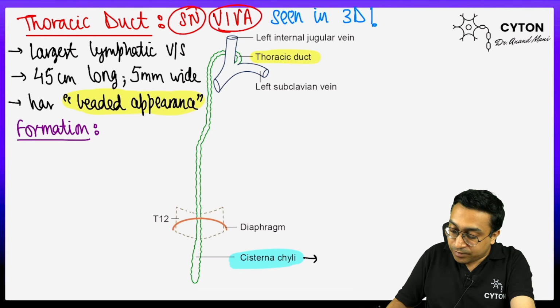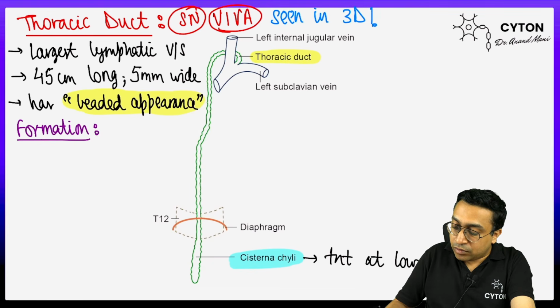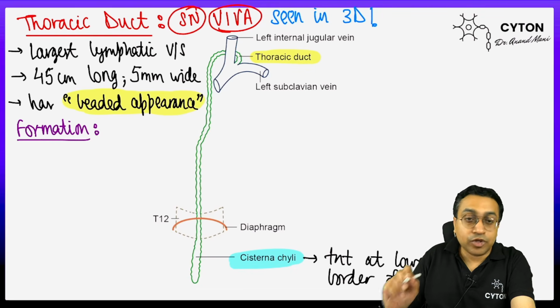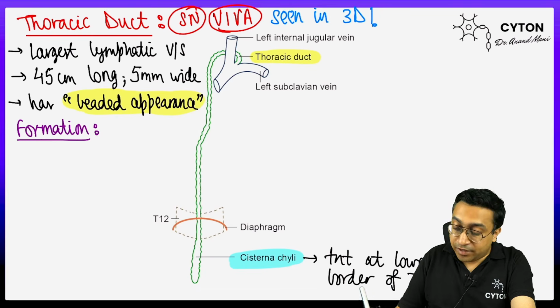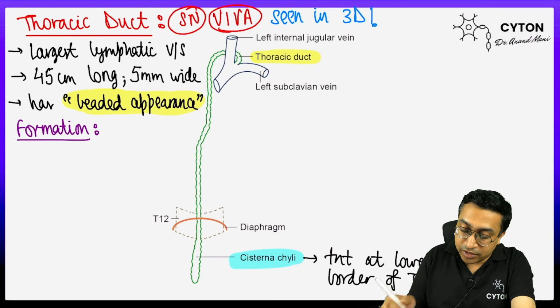So this is present at the lower border of T12, and this is an MCQ. Okay, now this enters the thoracic cavity and ascends upwards. Okay, so that is regarding the formation.